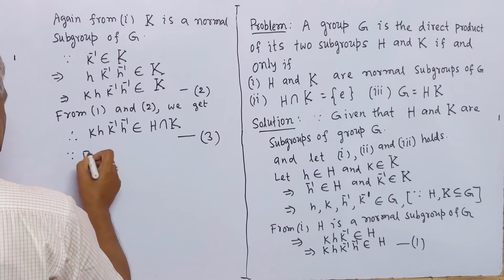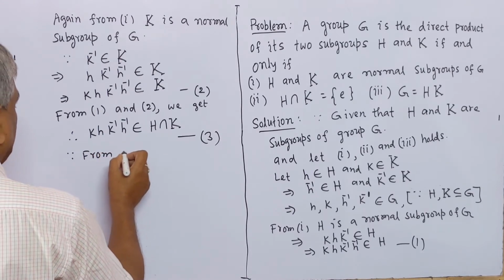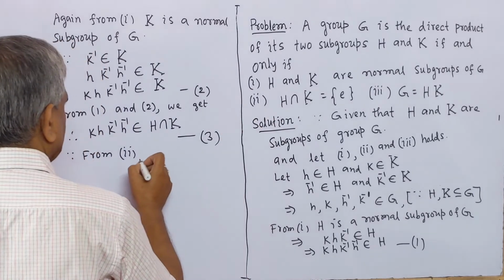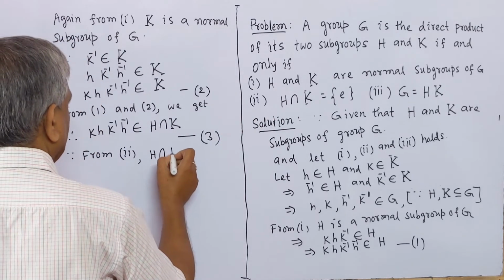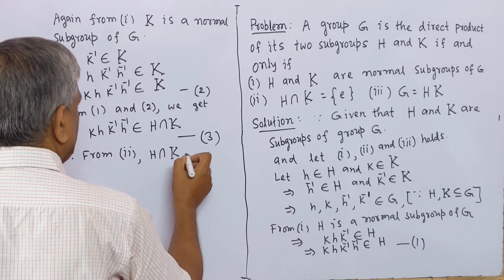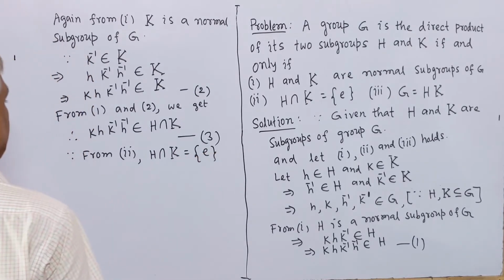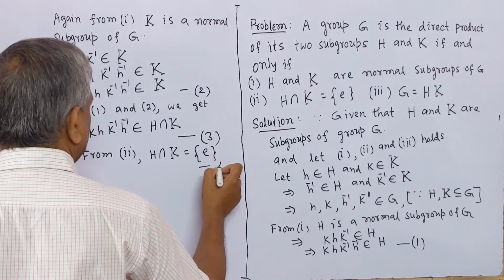Since from 2, H intersect K contains only the identity element, this is number 4.